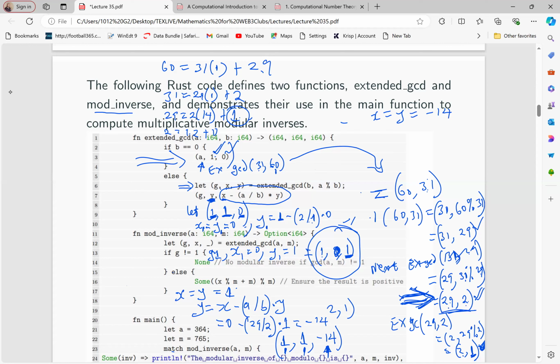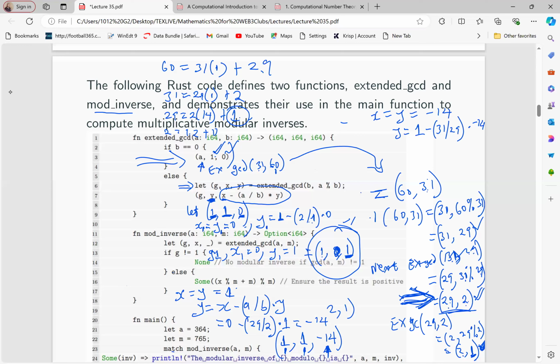What about the new y? The new y would be the x that we've gone there with, which is 1, then minus, where are we? We are 31 and 29. So 31 divided by 29, multiplied by the y that we've gone there with. The y that we've gone there with is negative 14.